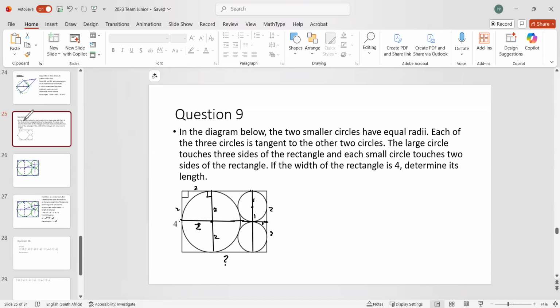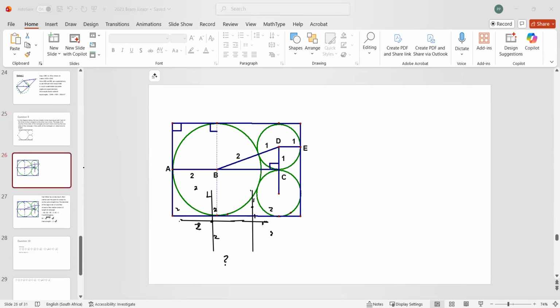Now, I'm going to go to the next slide where everything is laid out quite clearly. So here is what we have. This is what I had here. This is 2.